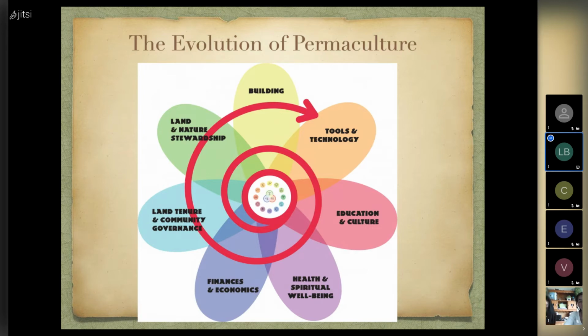And I know that traditionally permaculture was applied more to agricultural spaces, gardens, homesteads, things like that. But actually you can apply the permaculture design principles and the design process to many different facets of human life and culture. So this includes building.